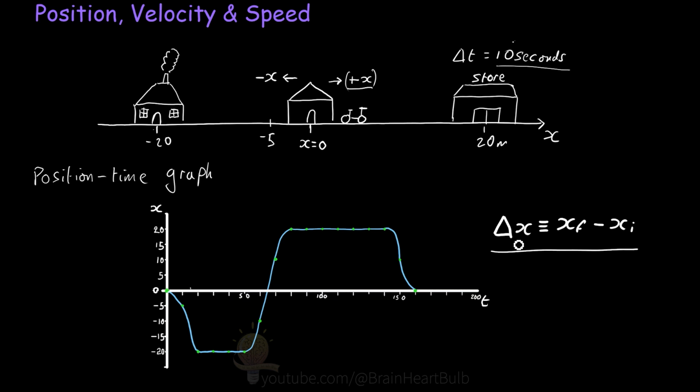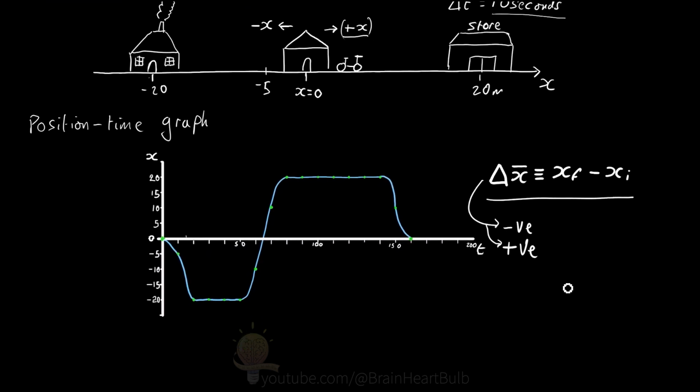Now, from this displacement, we can have a negative or a positive result. And our displacement here is a vector quantity. So let's say we're looking at the first 10 seconds. What is our displacement over that time period?